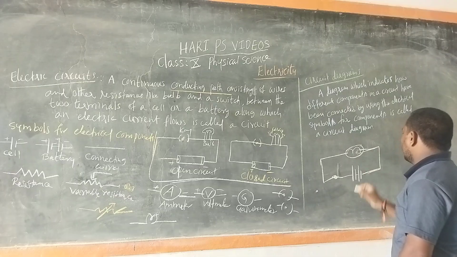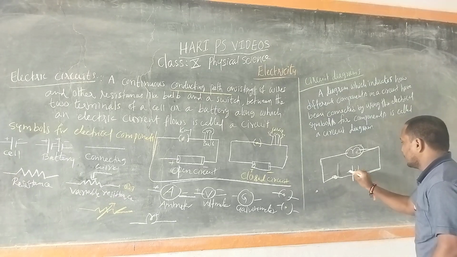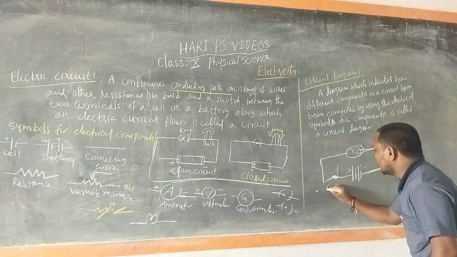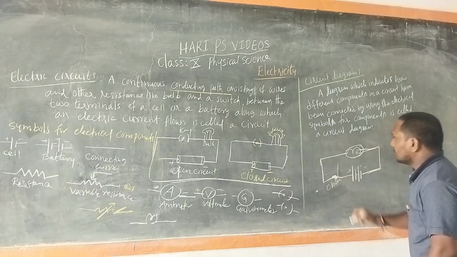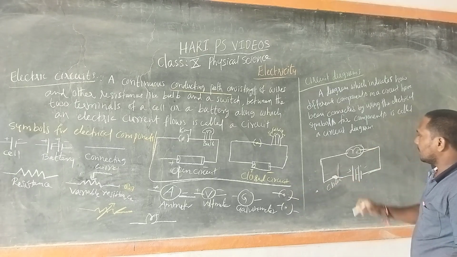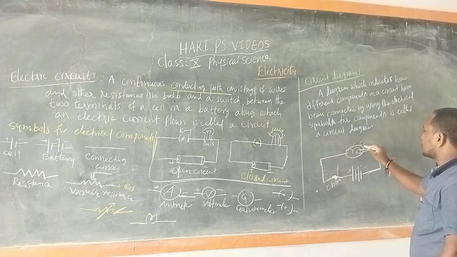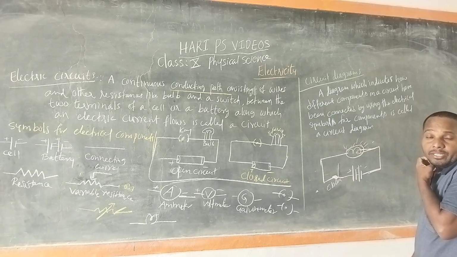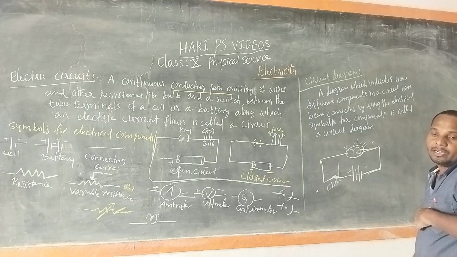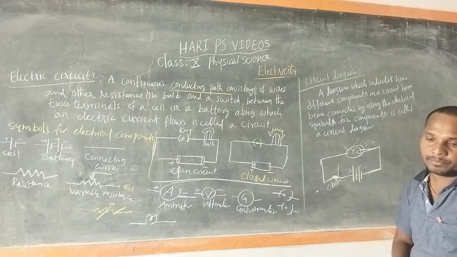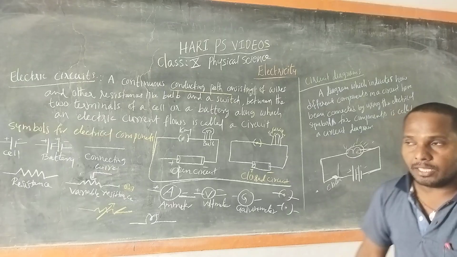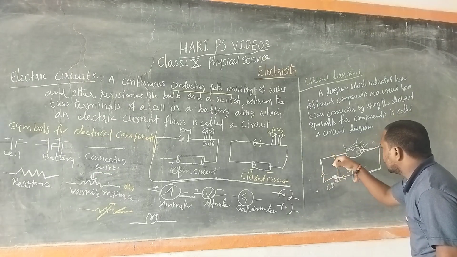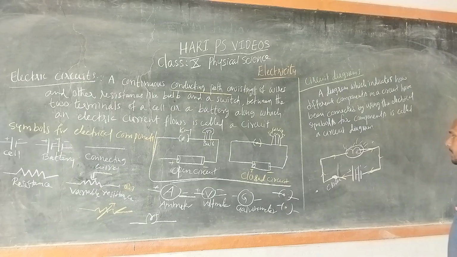So this is a circuit diagram, plus minus battery. This represents the closed path. Then the bulb is connected. Regarding the direction, conventionally the flow of electric current is from the positive terminal to the negative terminal.